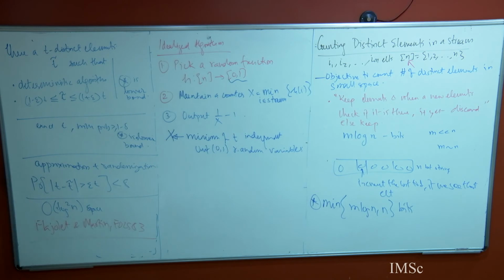So all the burden on me is to show that if there are t distinct elements, then my expectation is 1 over t plus 1. That's all my burden is. If I can show that the expectation of this is 1 over t plus 1, then I'm good.